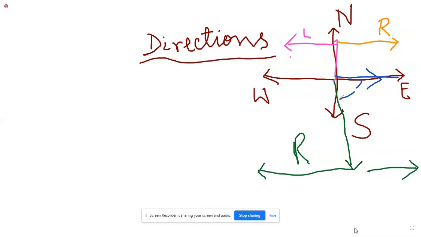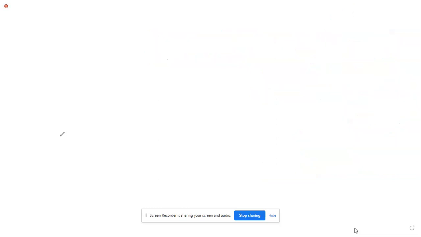So clockwise 90 degree, clockwise 180 degree, and clockwise 270 degree. So I am facing in this direction. But if somebody says 90 degree anti-clockwise, student, this is anti-clockwise direction and this is clockwise. That also leads to the same point, same direction. Why? Because the sum total is 360 degrees.